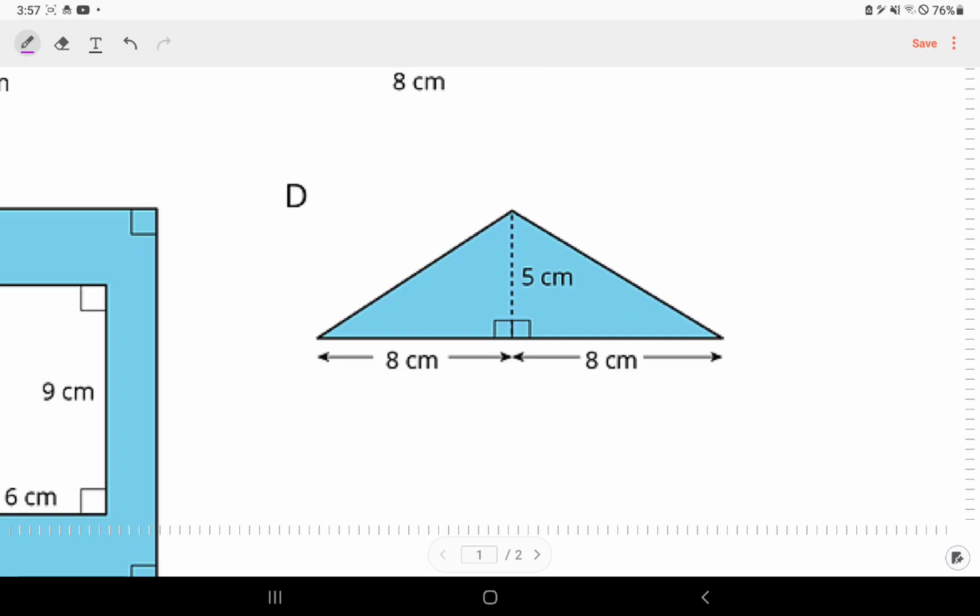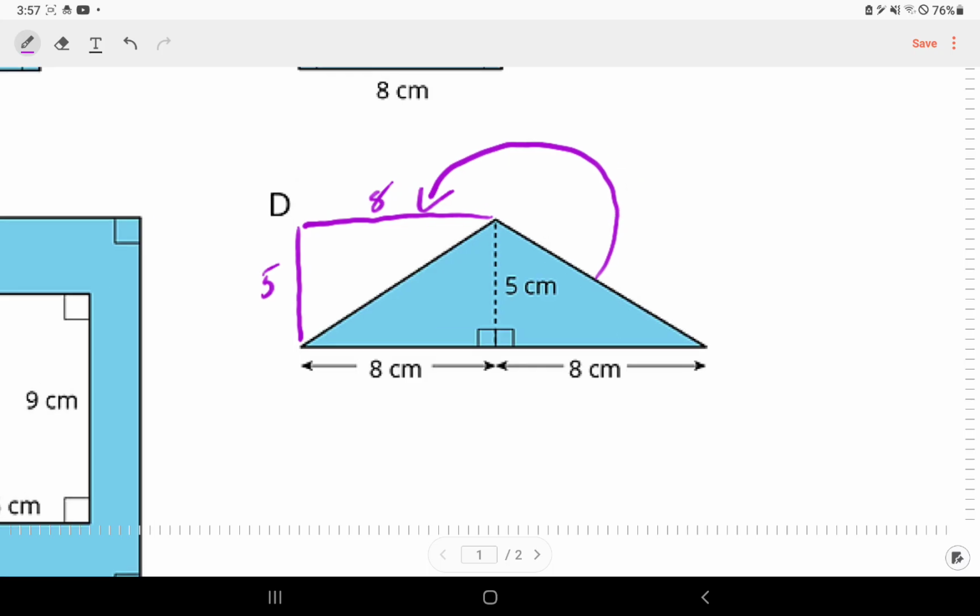Now, personally, I would love to just show you the formula for an area of a triangle right now, but we're not there yet. So, we're going to take this and move it around. Well, this is 8 across. So, 8 across goes to here. 5 down is 5 down.